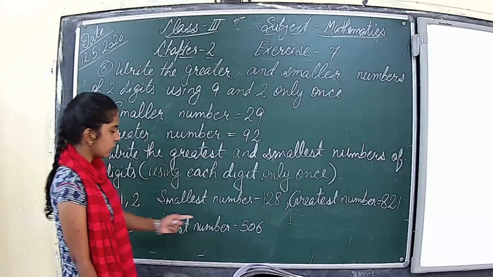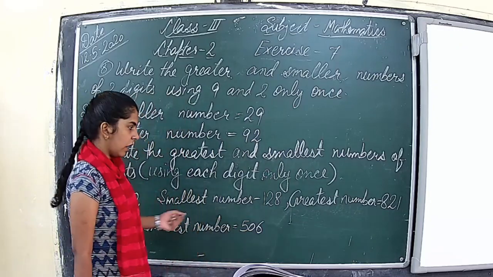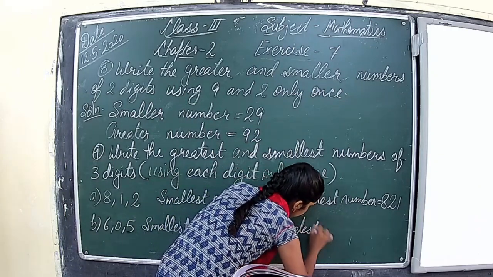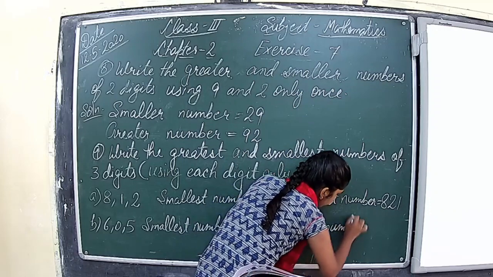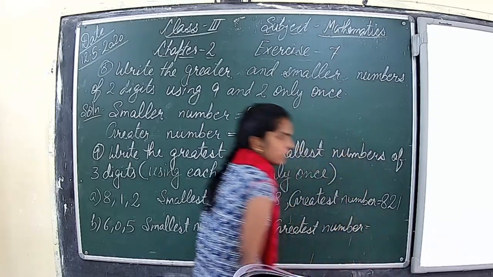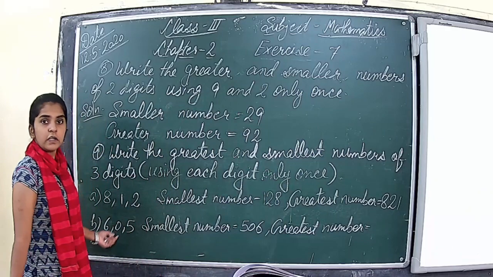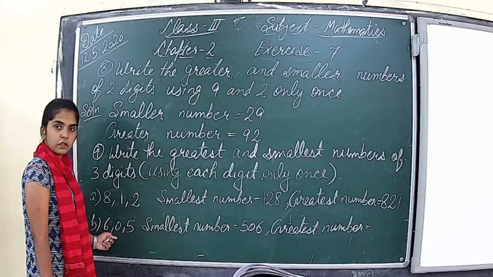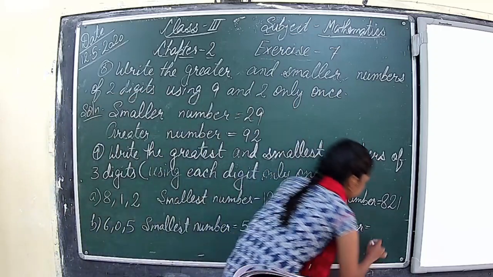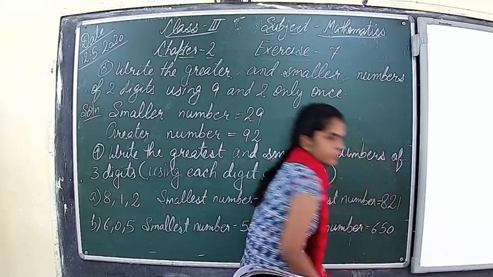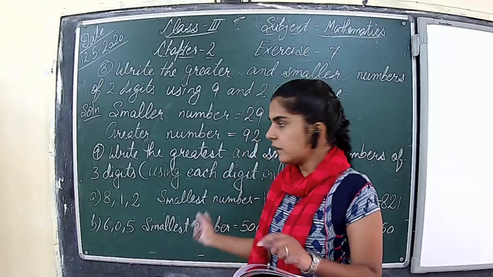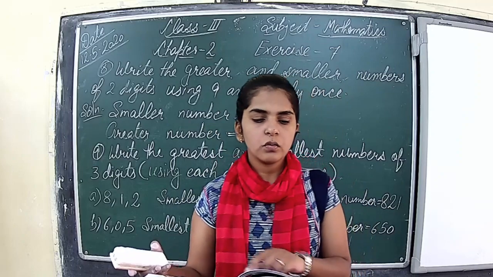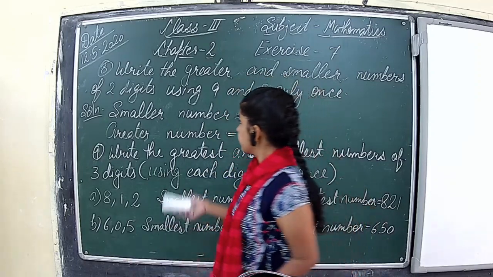It means the smallest number is 506 and the greatest number, to form it we arrange the digits in descending order. Greatest digit is 6, then 5, then 0. It means the greatest number is 650. Okay? So let us move towards our next question, question number 10.